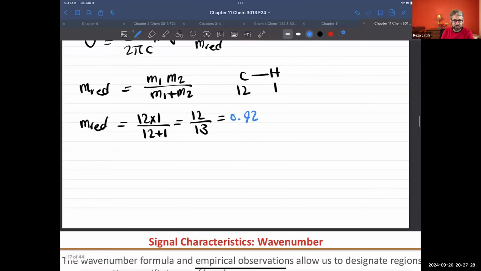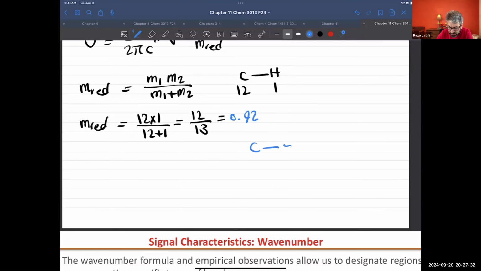Okay, how about this? Let's replace the carbon with oxygen. Carbon with oxygen, the reduced mass is going to be 12 multiplied by oxygen, which is 16. So you multiply it by 16 and you divide it by 12 plus 16. In this case, the denominator is going to be 28.